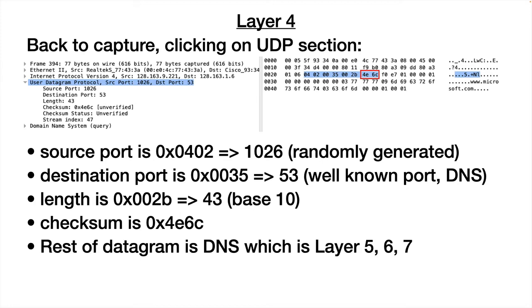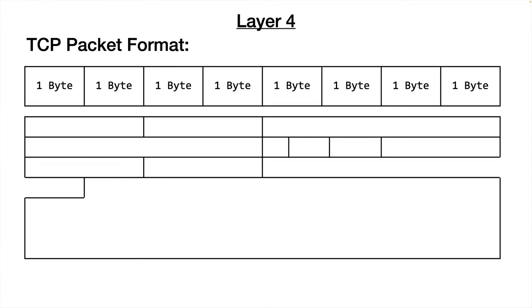Everything after the header is the actual datagram, which is DNS. DNS is an application, so it's an upper level or upper layer, or layer 5, 6, and 7, different ways to say the same thing. So we will go through and look at that in a little more depth.